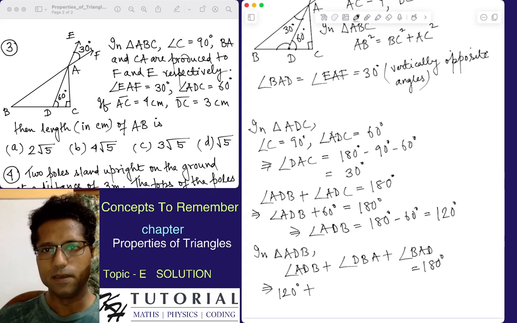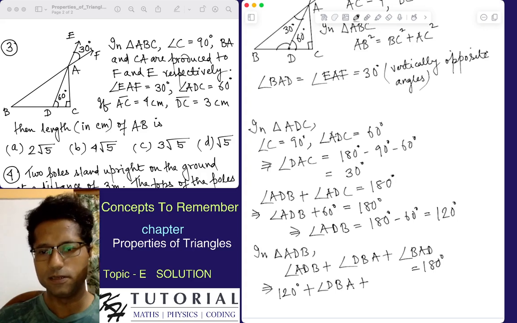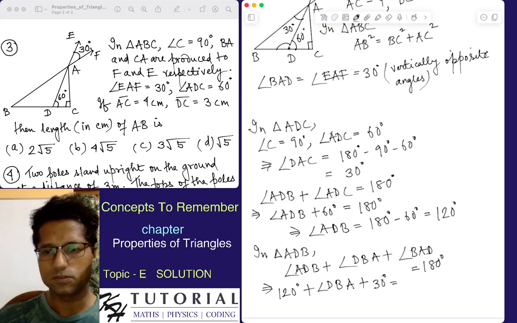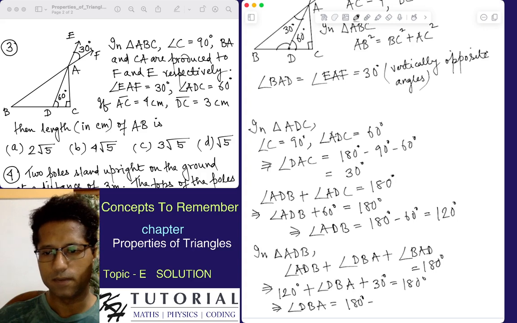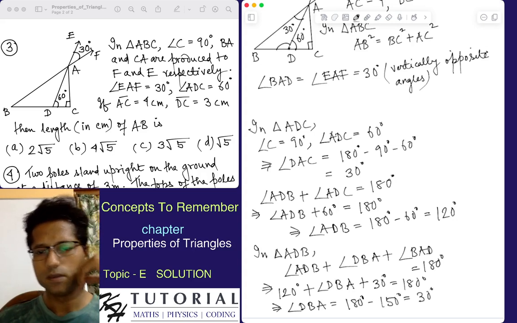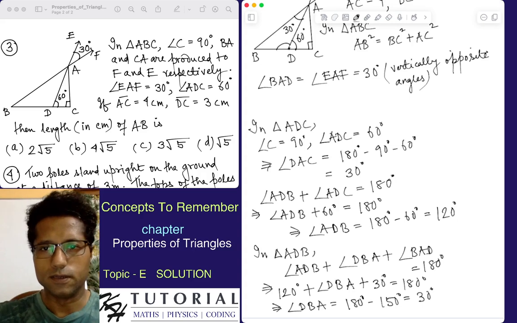Angle DBA we don't know. And angle BAD is 30 degrees. So angle DBA is equal to 180 degrees minus 150 degrees, which is 30 degrees. So angle DBA is also 30 degrees.